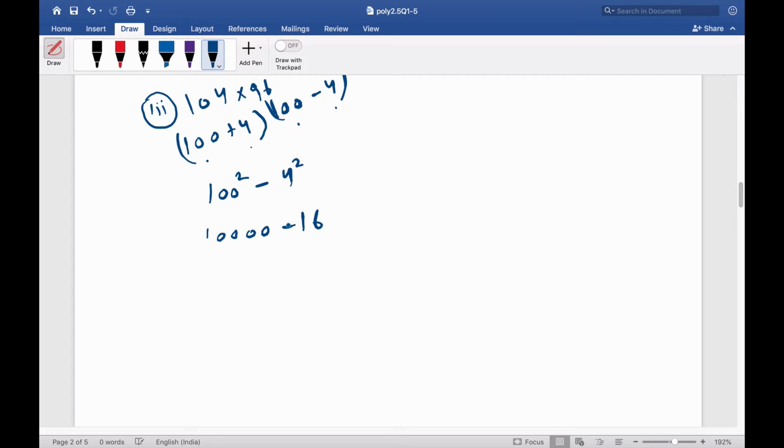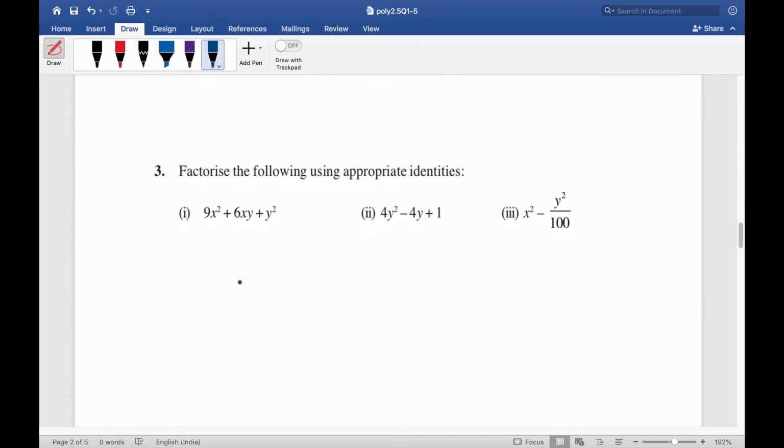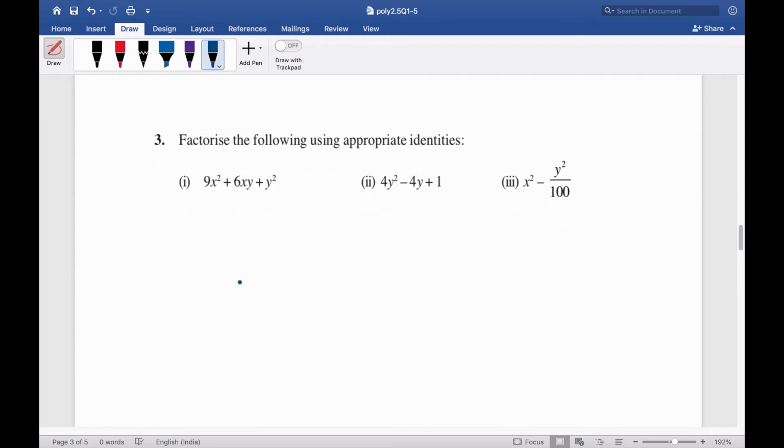So 10,000 minus 16, we can simply subtract now, which gives me 9,984. Moving to question number 3, it says factorize the following using appropriate identities.